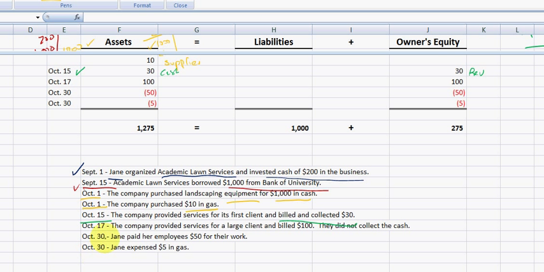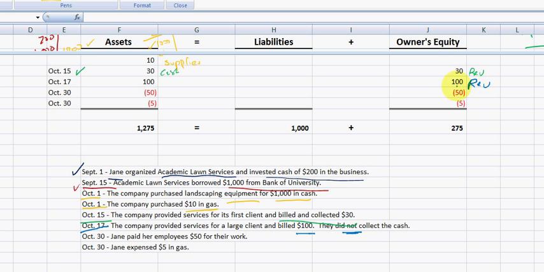Alright, so on October the 17th, the company provided services for a large client and billed $100. They did not collect the cash. Even though they didn't collect the cash, accrual accounting, which you'll learn more about throughout the semester, says that we need to recognize it as it's earned.